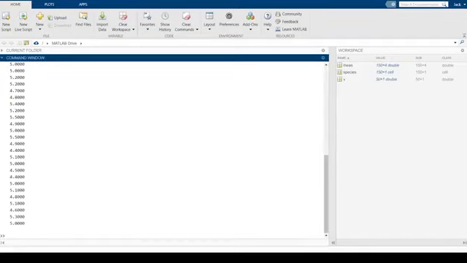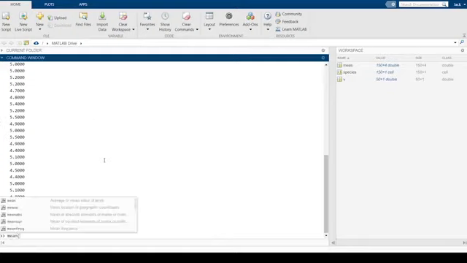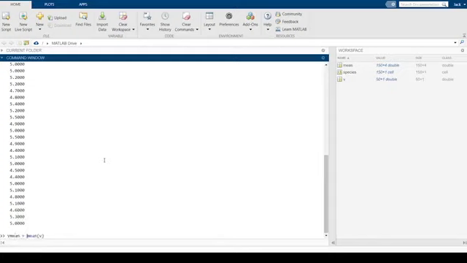Let's do some basic statistical analysis of this set of numbers. Most commonly, we are interested in questions like, what is the average value or mean of the data set? In MATLAB, we simply do mean of V, and we see MATLAB returns that the mean of this data set is just over 5.